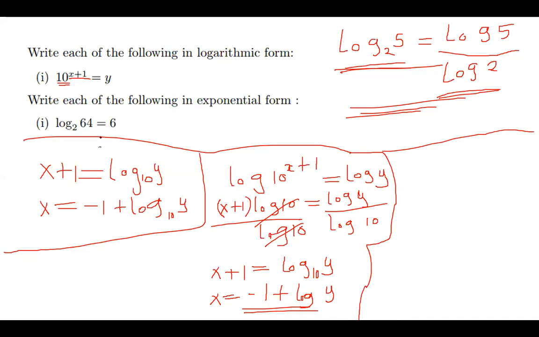To convert this, we know that this 6 will always be the power, and this 2 is the base, and then this 64 will stand in the place of y. So I can write the 2 as the base, and this 6 is the power, and then I'll say equals 64.